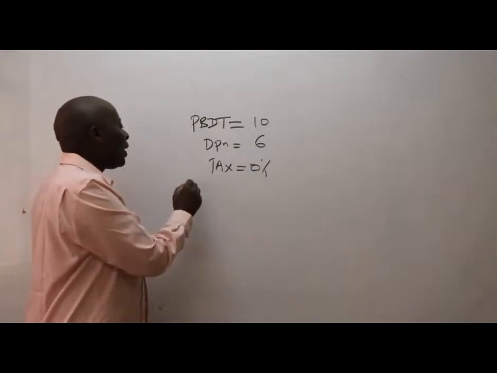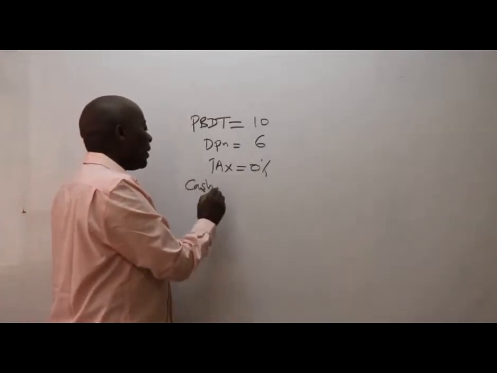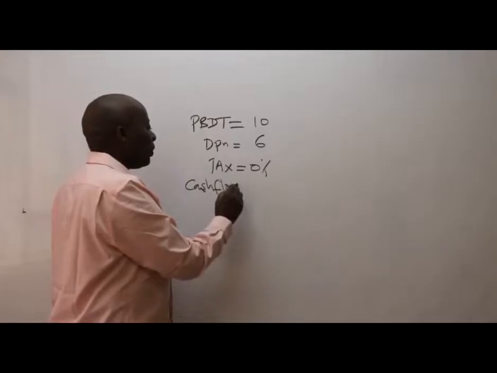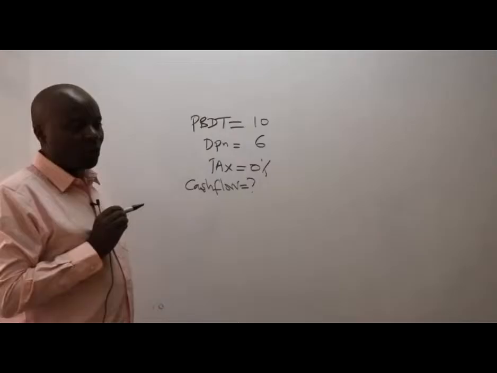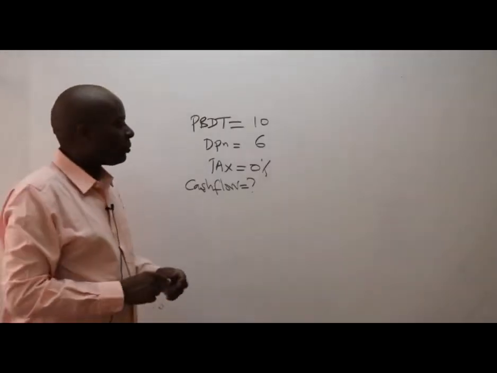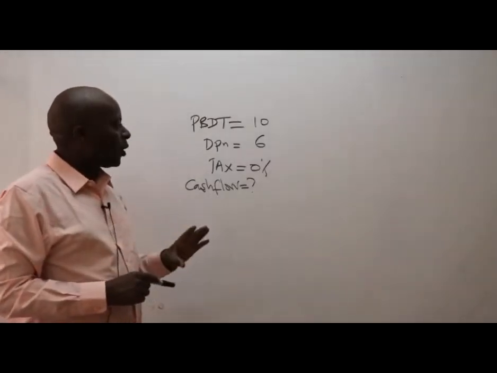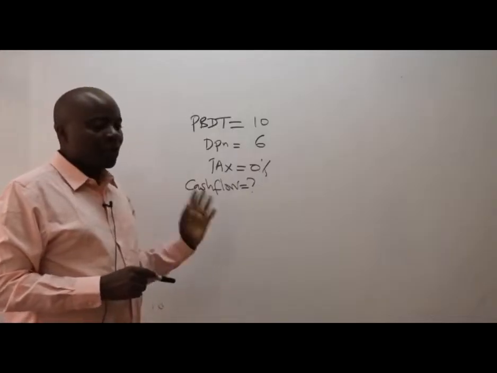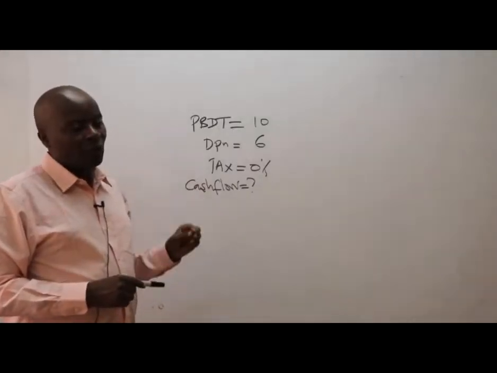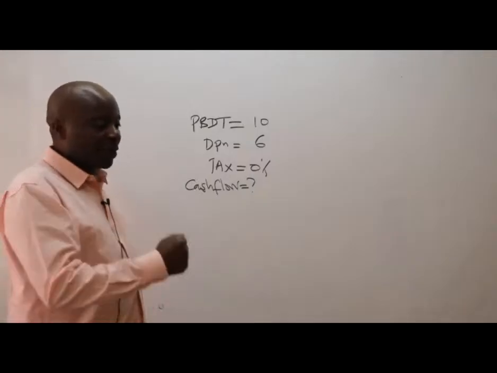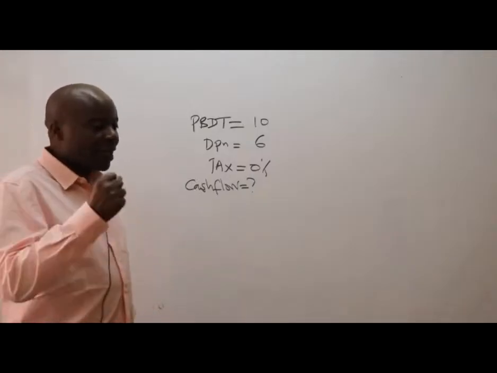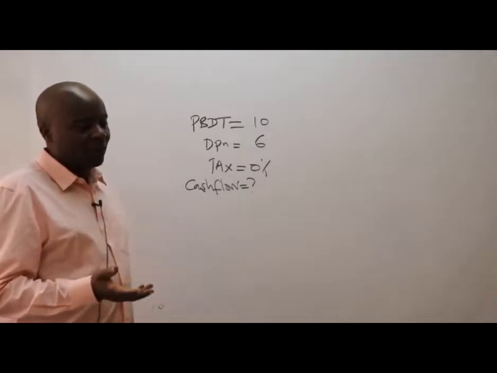Could you be kind to me and tell me what will be the project's cash flow for purposes of discounting? Profit before depreciation and tax is 10, depreciation is 6, there is no tax. So cash flow will be equal to what? David has been able to shout some figure there very first. Stephen as well, yes. Thank you so much.